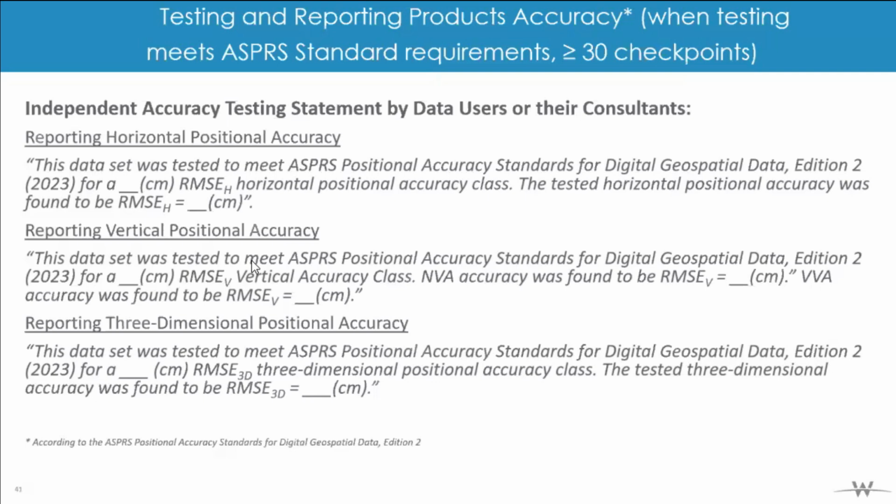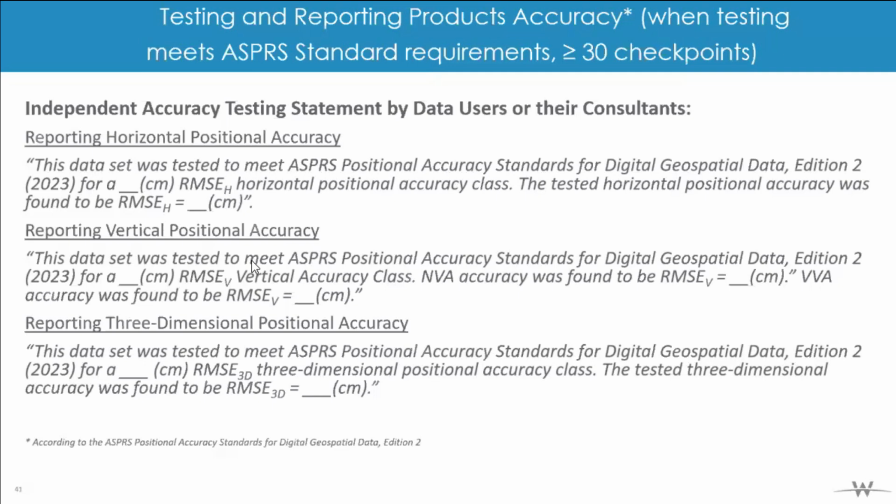If you look at the reporting by the data user or their consultant, it will read: this data set was tested to meet the ASPRS Positional Accuracy Standard for Digital Geospatial Data, Edition 2. This is the older one, 2023, but if you're doing it according to the latest one, it will be 24, for 5 centimeter or 30 centimeter RMSE horizontal accuracy class.